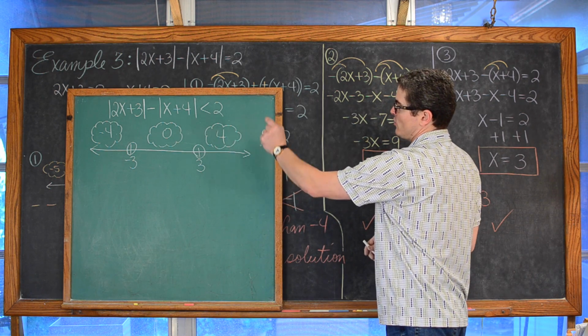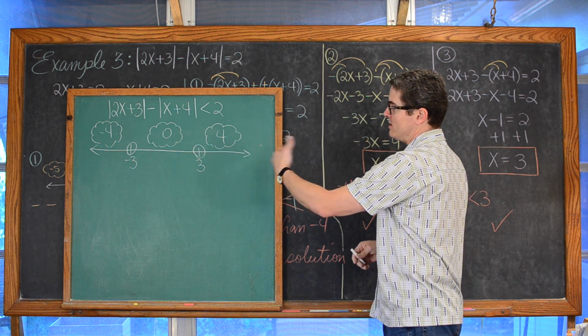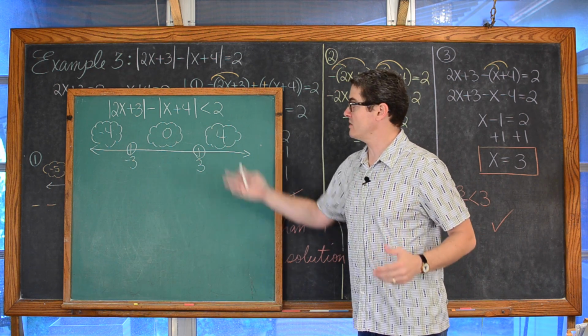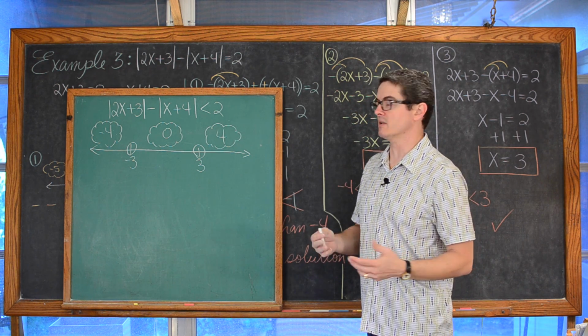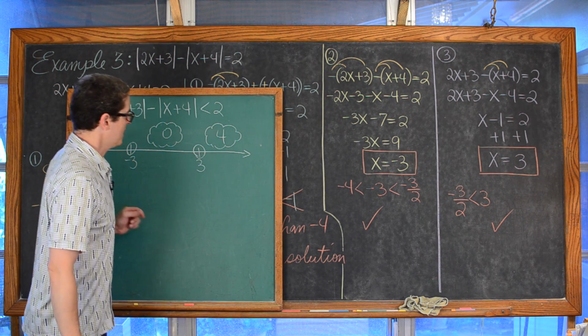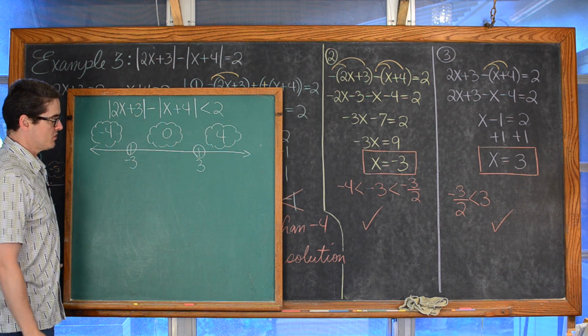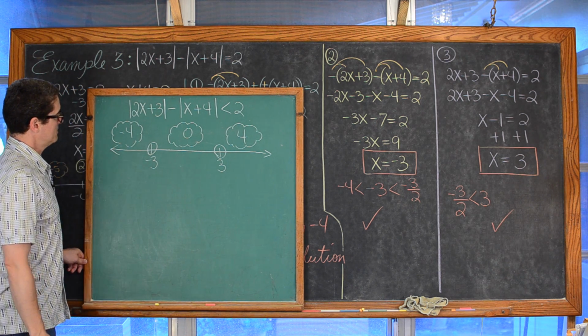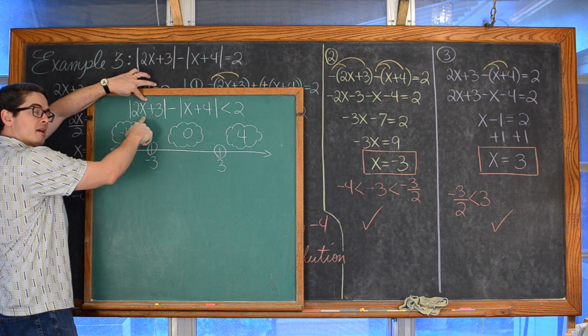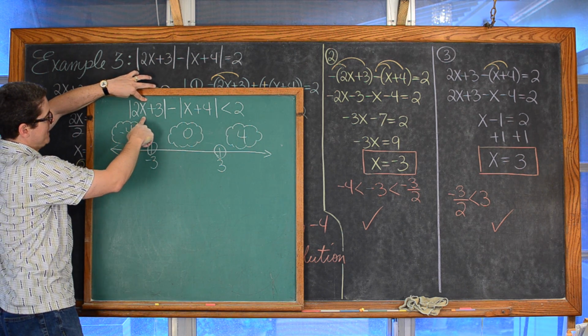And I've picked a numerical value, an x value, within each of these three intervals on the number line, and we're simply going to plug them into the inequality and see if we get an answer that's less than 2. And if it is, then that portion of the inequality is part of the solution set. So if I plug negative 4 into here, I'm going to have 2 times negative 4, which is negative 8.